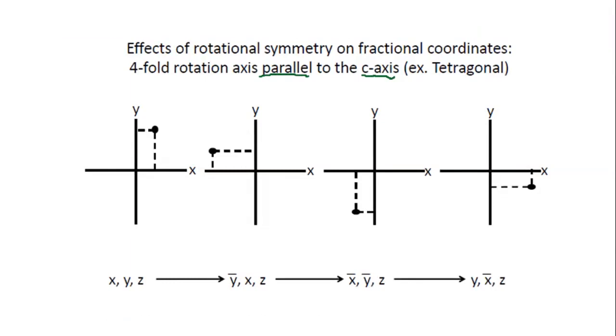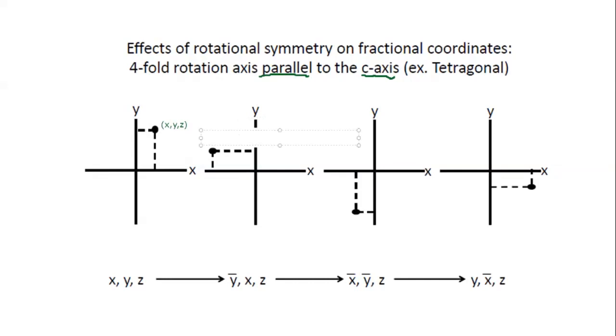So what you can imagine is that the z-axis is coming out of the screen and you're rotating about the z-axis. So you're moving the axes counterclockwise 90 degrees each time. If we look here, we start with the coordinates x, y, and z, and we rotate it 90 degrees counterclockwise.